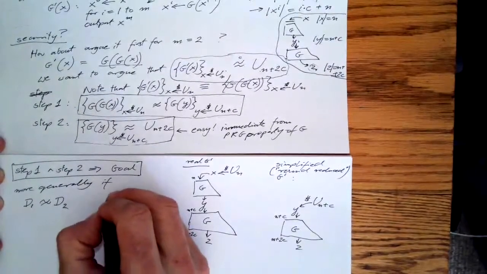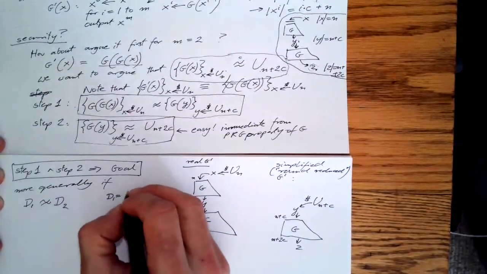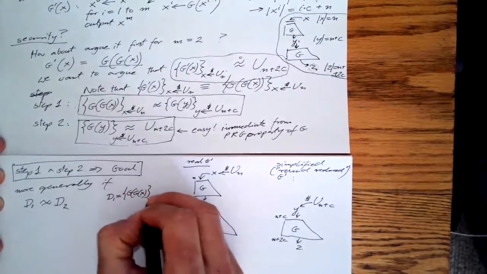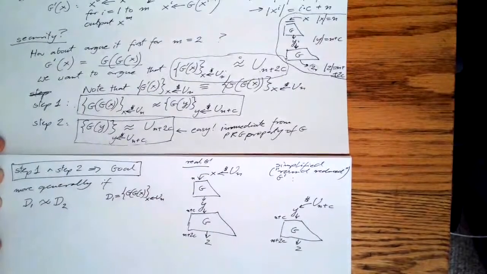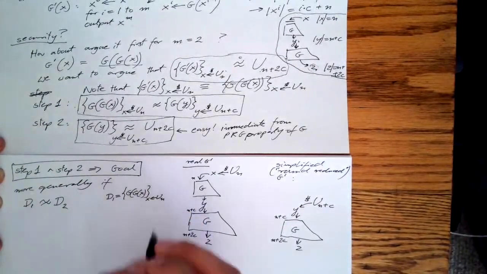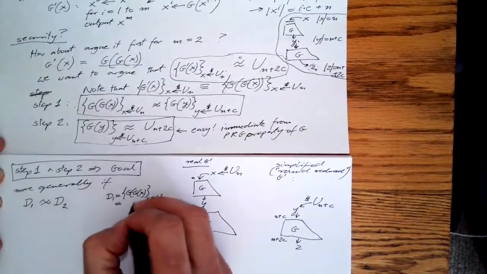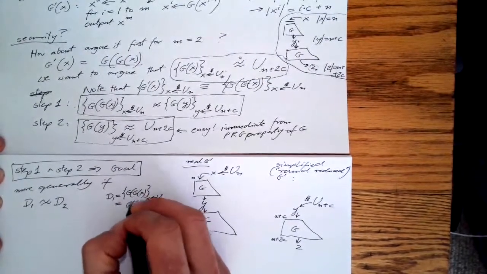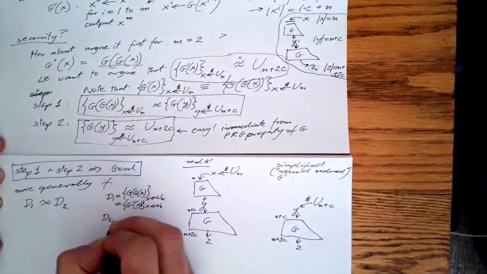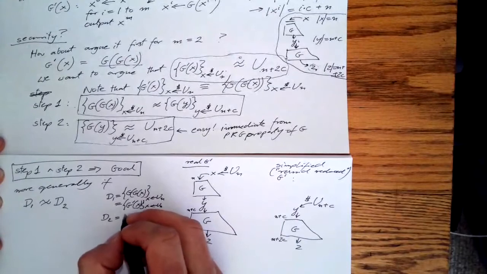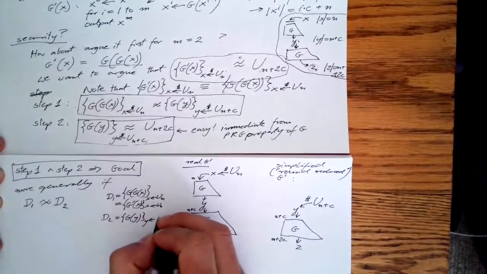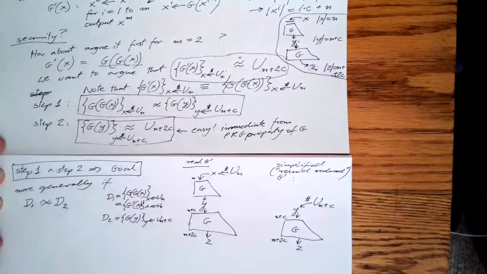In this example, D1 is G of X for uniform n-bit strings. So this is the real G prime outputs, which is the same as just G prime outputs. And D2 is this cheated or simplified one: G of Y for Y, which is a random n plus c bit string.